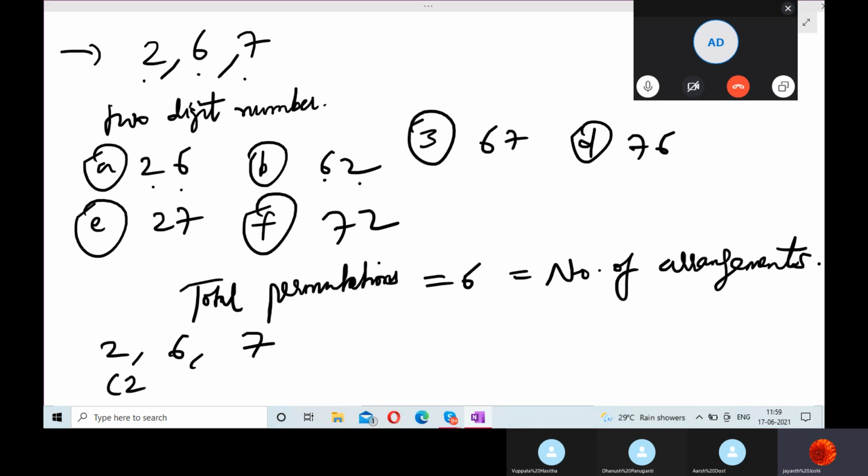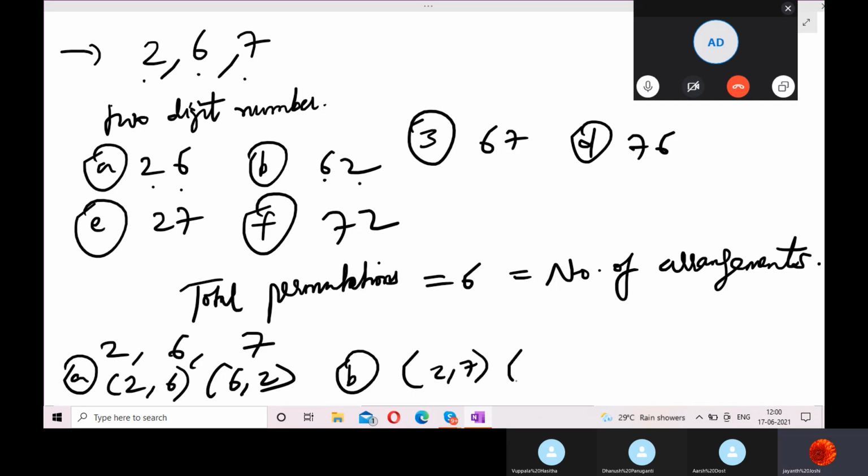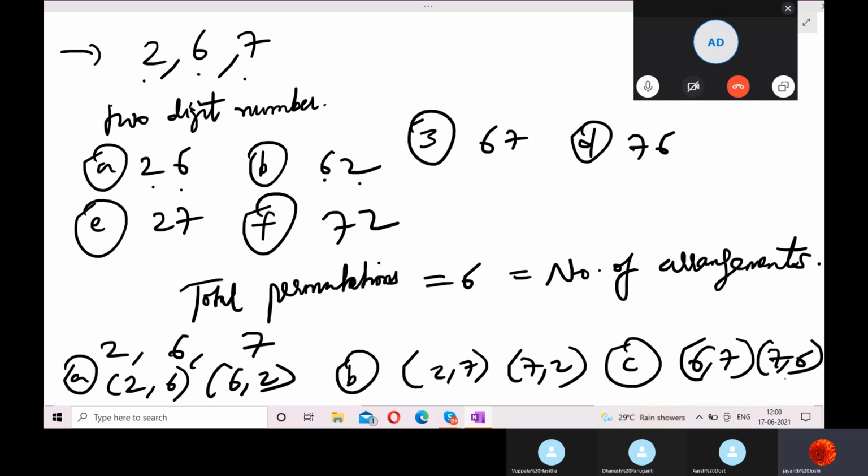How many groups can I make? 2, 6, 6, 2, group number A. 2, 7, 7, 2, group number B. 6, 7, 7, 6, group number 3. So how many groups are you forming? Tell me. Sir, 3. 3 groups. That's it.